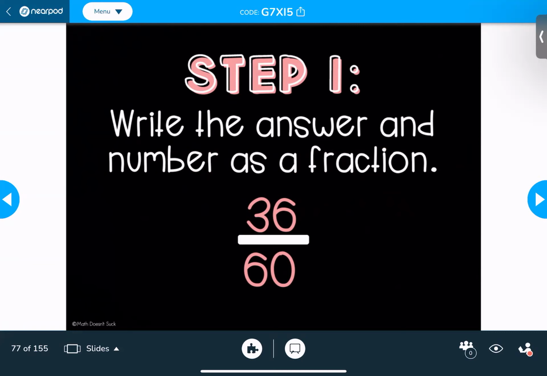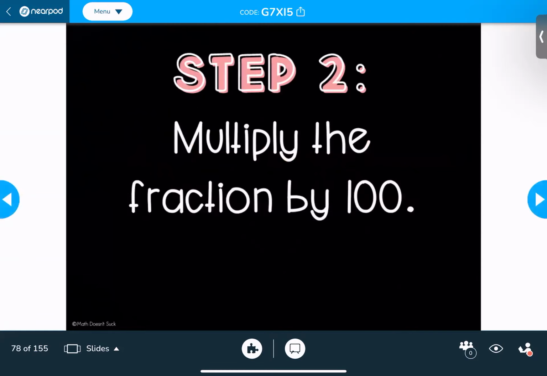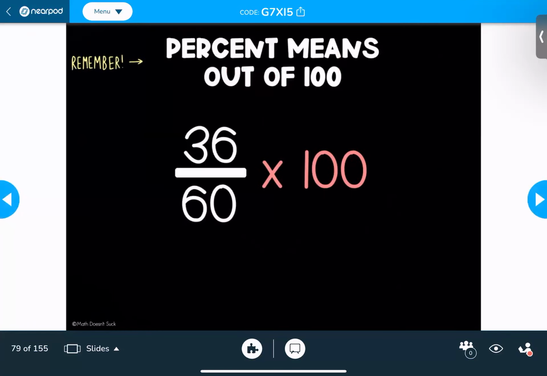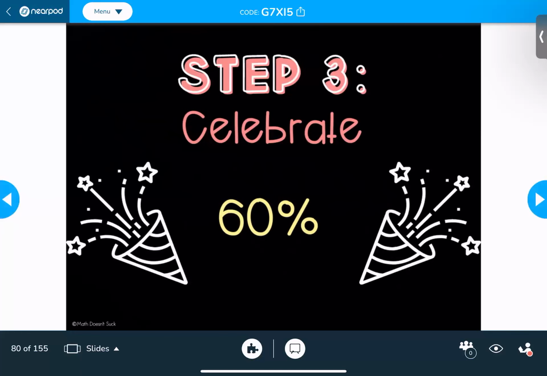Then we're going to multiply that by 100. So 36 over 60 times 100 is going to give us our percent. Before we can multiply that fraction, though, we need to divide it. 36 in the house, 60 outside, times 100 gives us 60%. So 60% of 60 is 36.